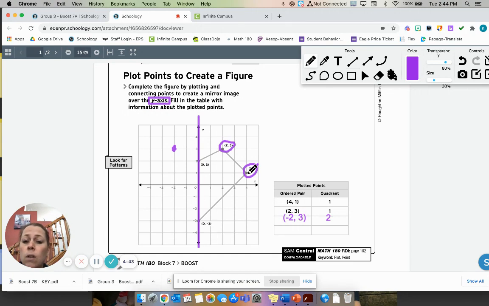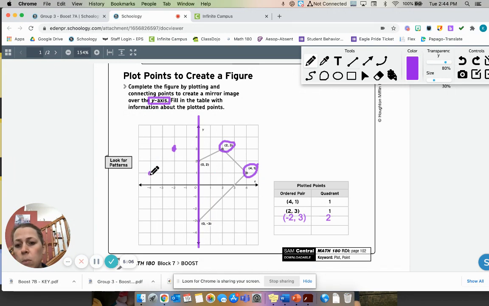So I can think of it one of 2 ways. I can think, okay, I got to go opposite, so I need to go left 4 and up 1. Or I can think of it as I could stay on this line here and count 1, 2, 3, 4 spaces to the left, and make my point, whichever way works best for you.